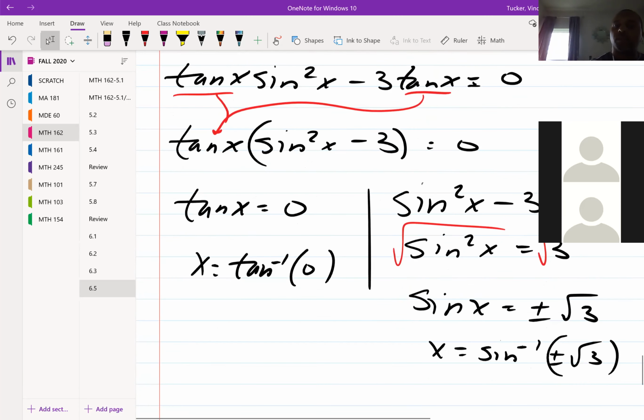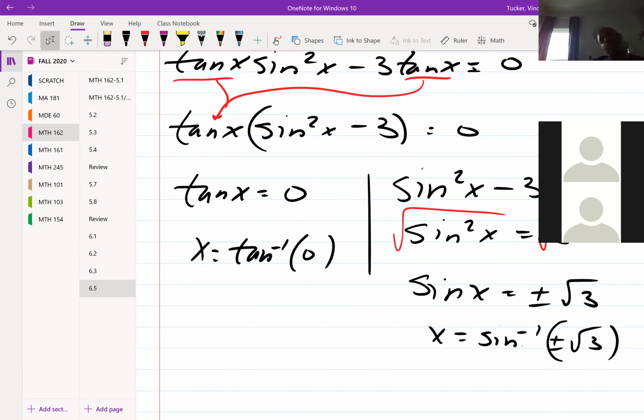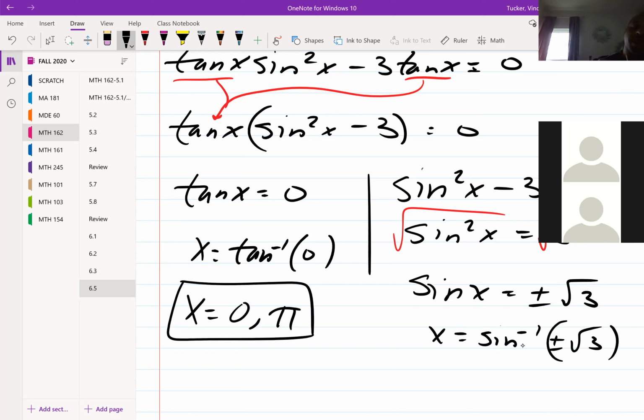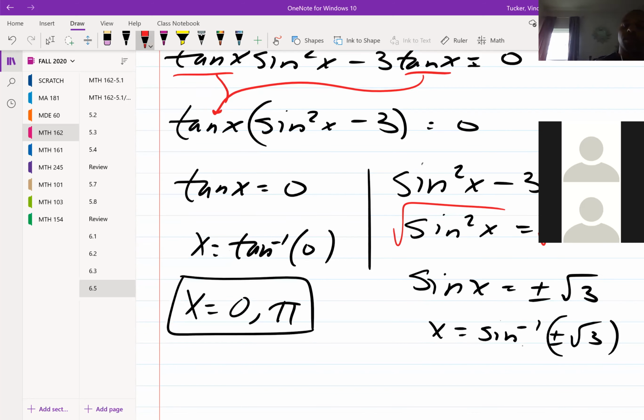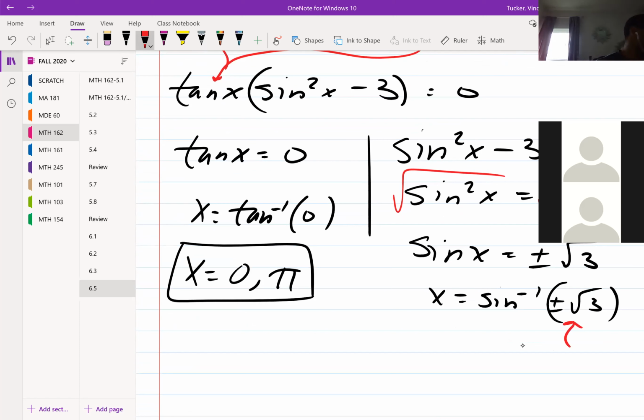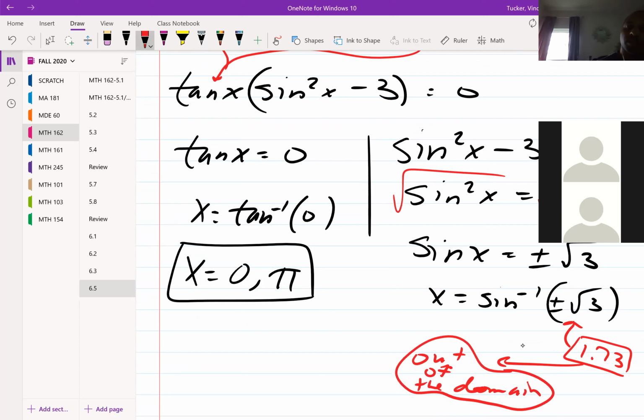All right. So here, tan x equals 0. The solution here would be when sine is 0. So that should be 0 and pi. Make sure I'm good. Yep. So those two are 0 and pi. And then here, the square root of 3 is 1.73. So that's out of the domain.